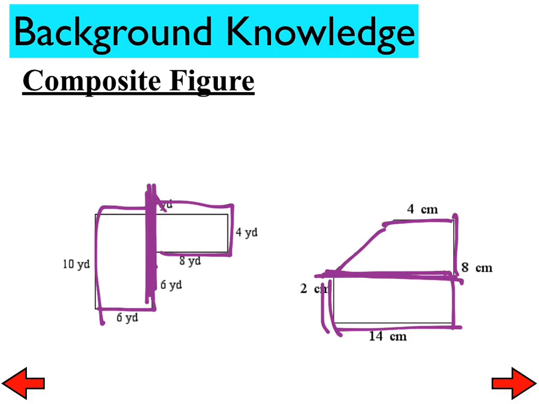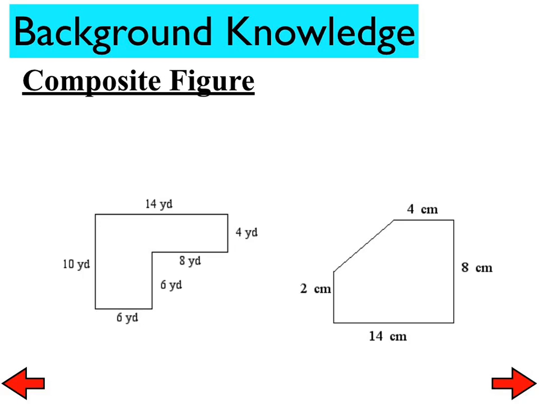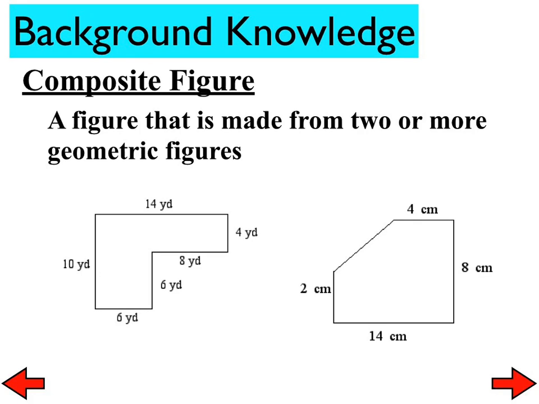So to find the area of that, we find the area of that rectangle and the area of that rectangle and then add them together. Find the sum of that. For this one, we found the area of that trapezoid and that rectangle, and then we found the sum of those two shapes. Well, that thinking is really what we're doing in many of the shapes that we're doing today.